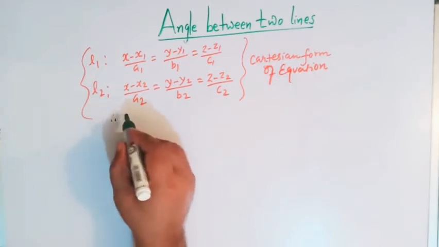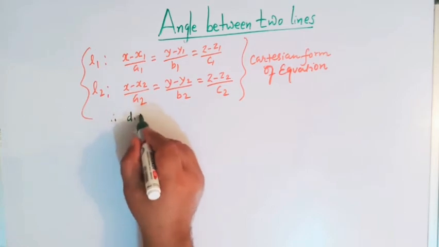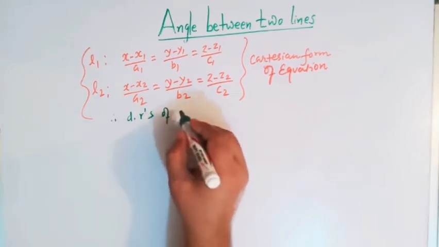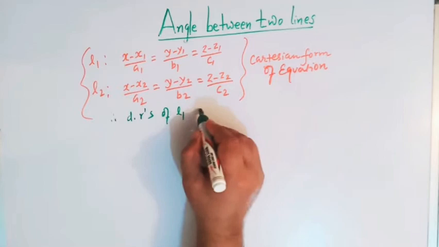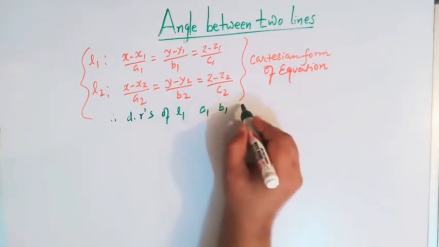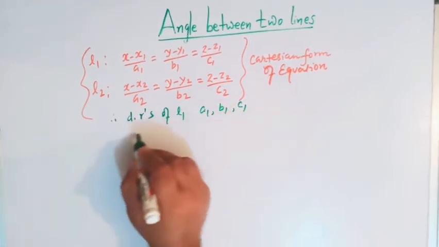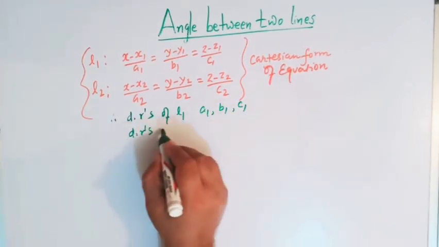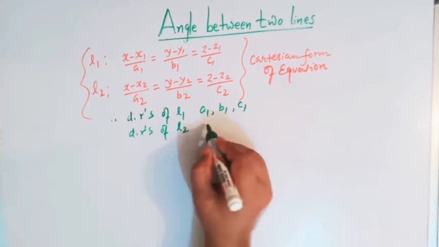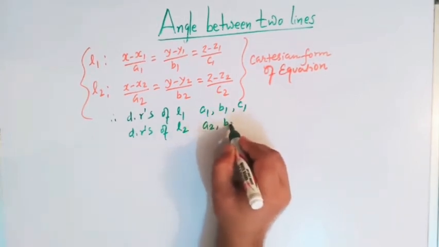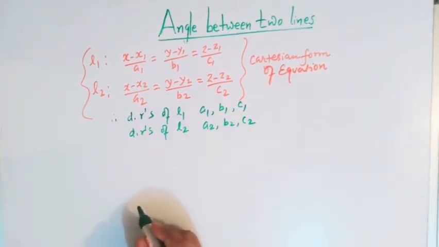So we can write the DRs of line L1 are A1, B1 and C1, right? And the DRs of line L2 are A2, B2 and C2, right?